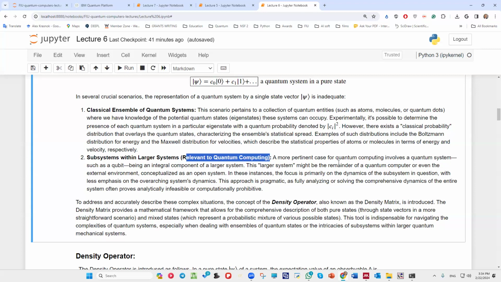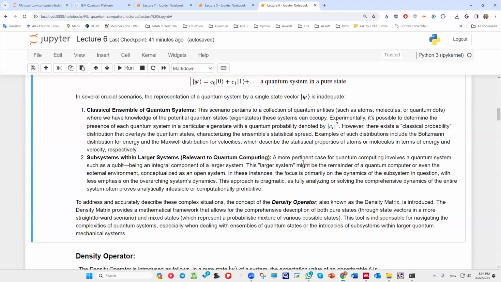Our quantum computer as a whole, of course, interacts with the rest of the world, with the rest of the universe, right? And that interaction makes a quantum computer be in a mixed state, not a pure state.